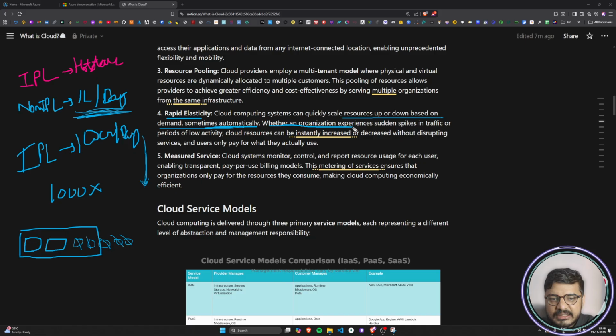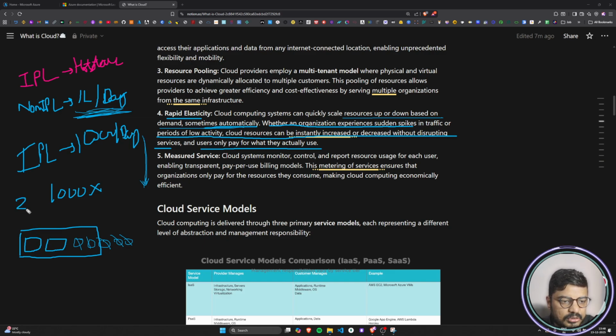Whether an organization experiences a sudden spike in traffic or periods of low activity, cloud resources can instantly increase or decrease without disrupting service, and users only pay for what they actually use. Here Hotstar or Jio will only have to pay for the time.